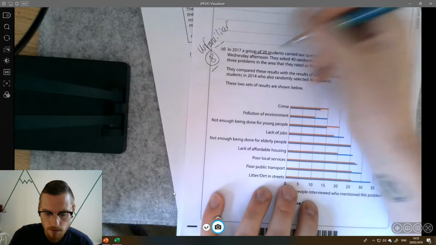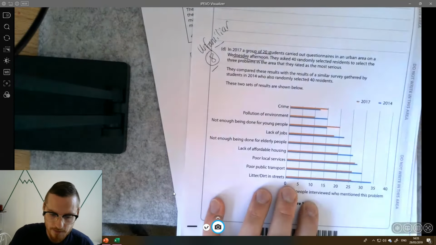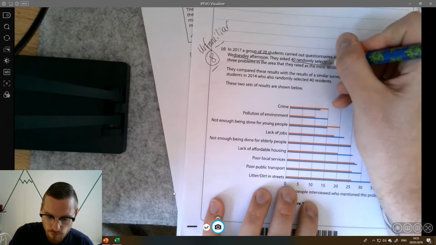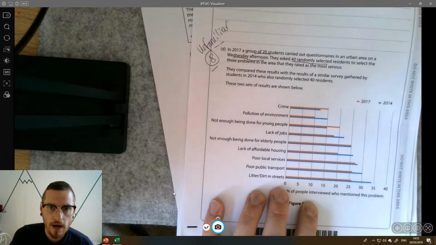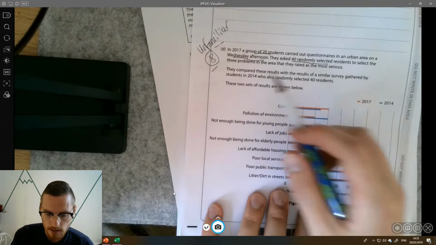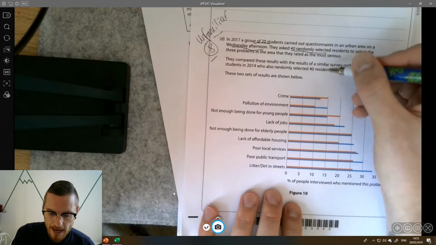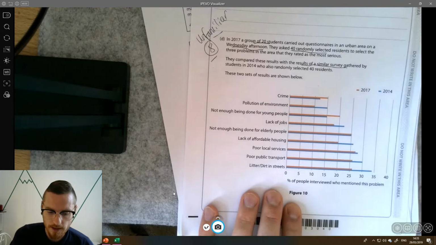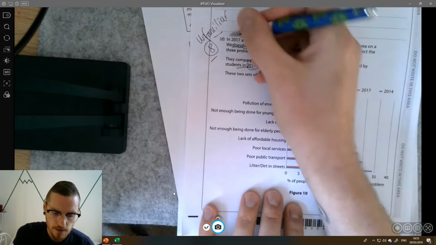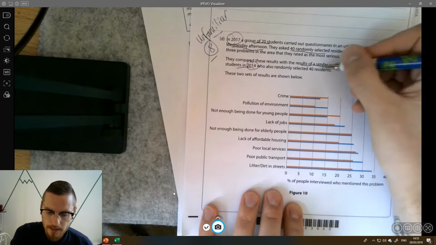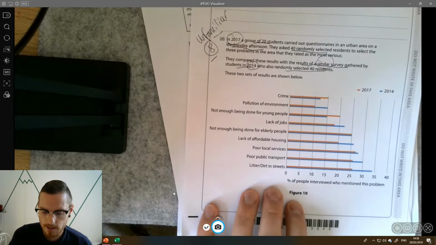So look, it was only done by 20 students, only on a Wednesday afternoon. They asked 40 randomly selected residents, only 40, but we don't know how they randomly selected. They compared it with the results of a similar survey gathered by students in 2014. So why the 3-year gap? What do they mean by similar students who also selected 40 residents?